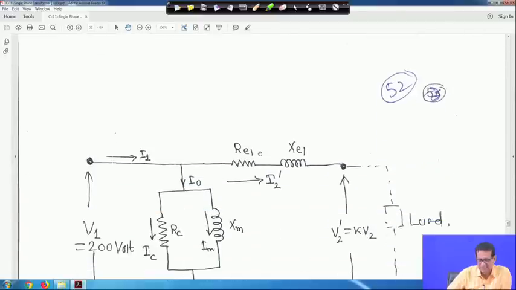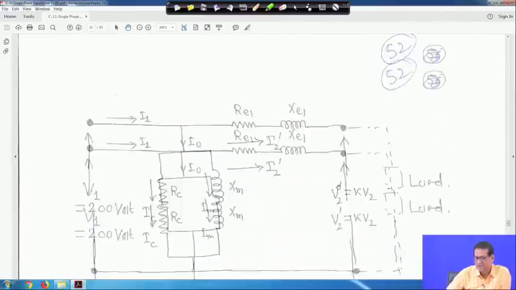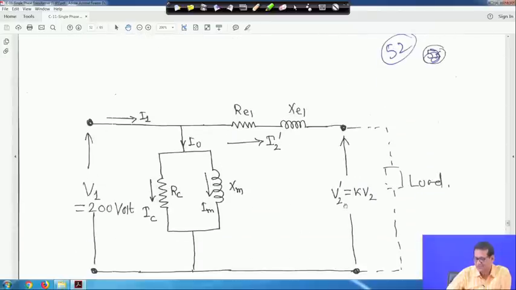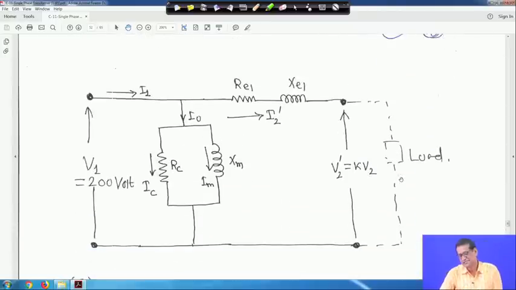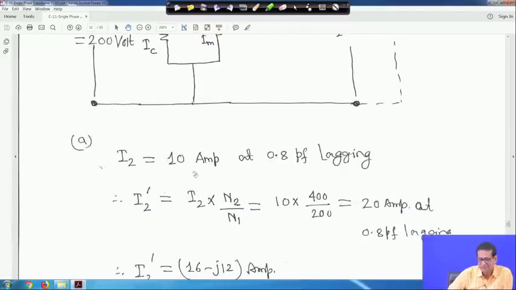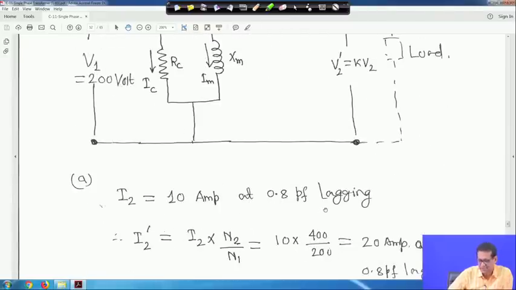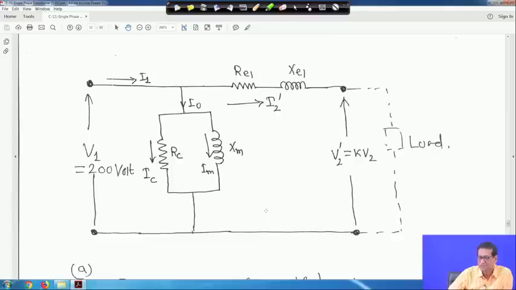Earlier we have seen, when we transform this to that side, it will become V2 dash is equal to K V2, and the dash line shows the load. In this circuit, this side is 200 volt, parameters are given RE1, XE1, RC, XM. I2 is given also, 10 ampere at 0.8 power factor lagging, so I2 is on the secondary side.